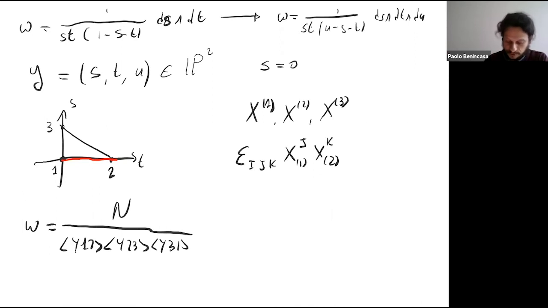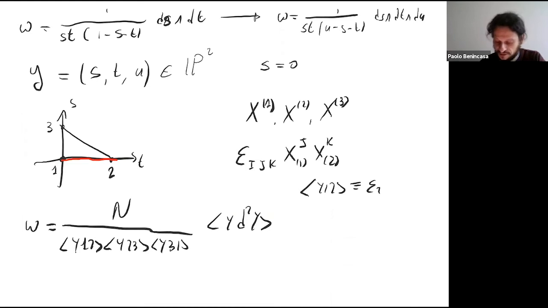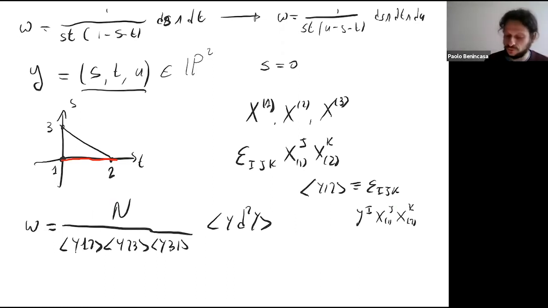Now here I have to put a numerator, and this notation means simply that I'm contracting through a Levi-Civita symbol the vector y, which is the vector of my coordinates, with x1 and x2.